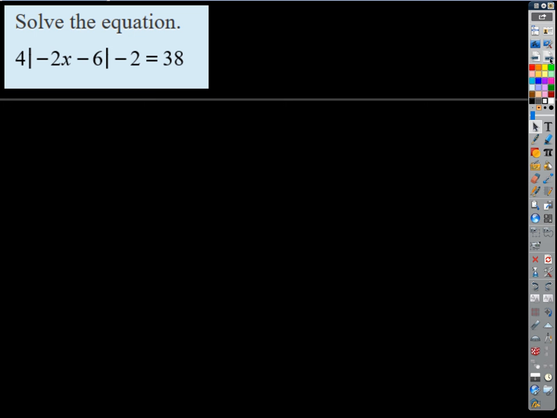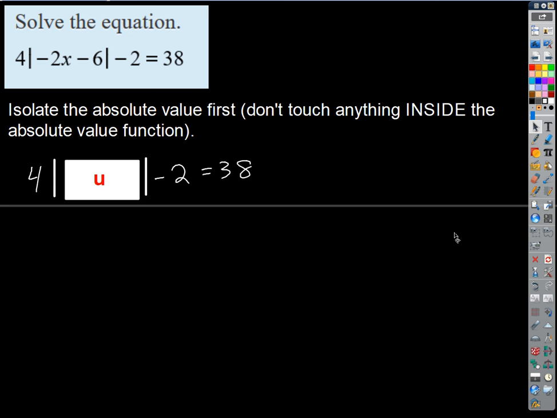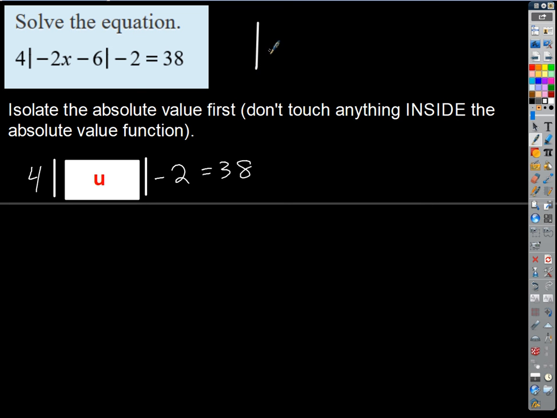So would you add 2 to 38? Yes, you would. Good. Okay, so first step, let's maybe add 2 to those sides. The reason we're doing that is, you might remember this from previous years, we have to isolate the absolute value stuff first. Because if we could get this down to something like the absolute value of negative 2x minus 6 equals some number, we'd be set, right?